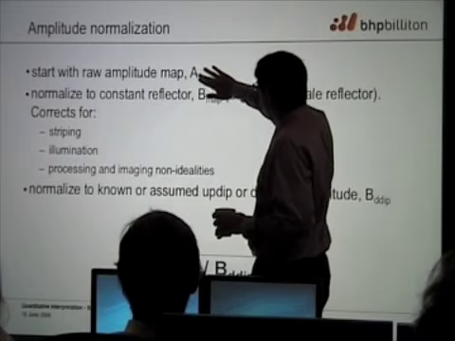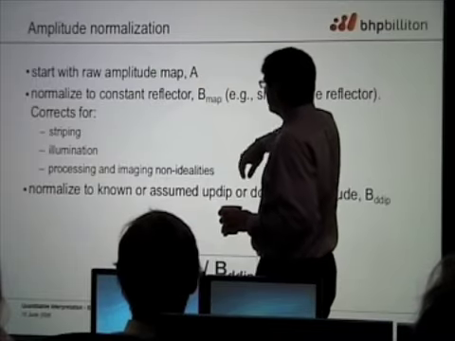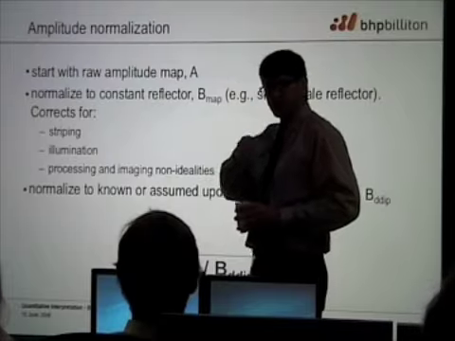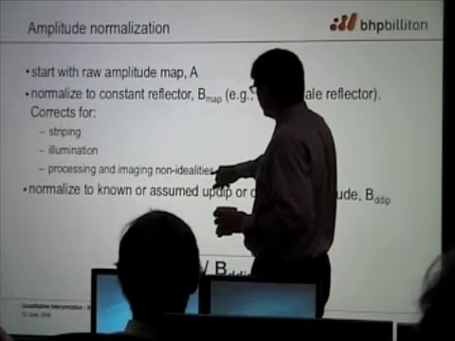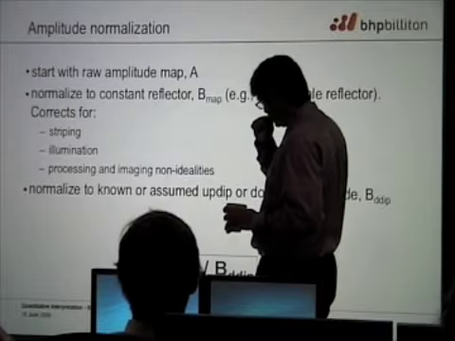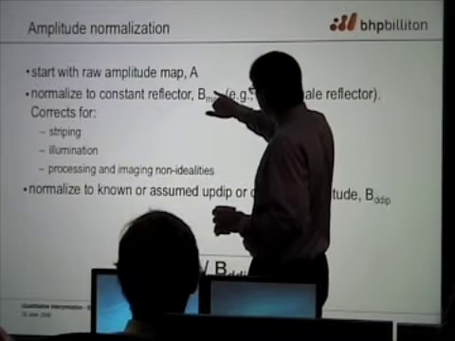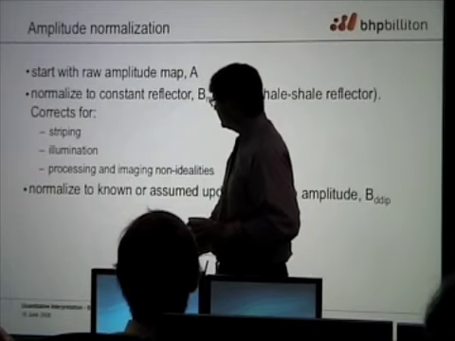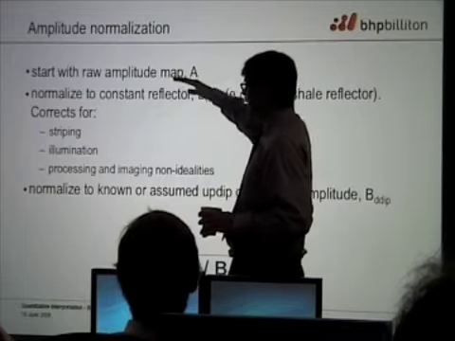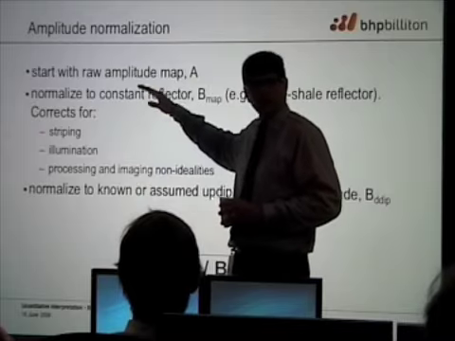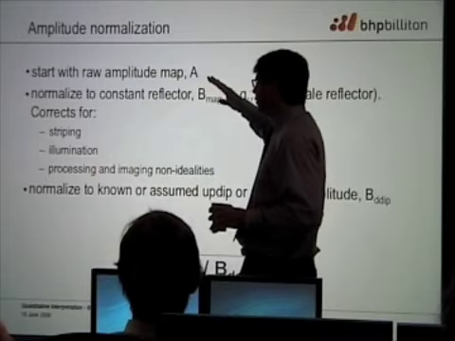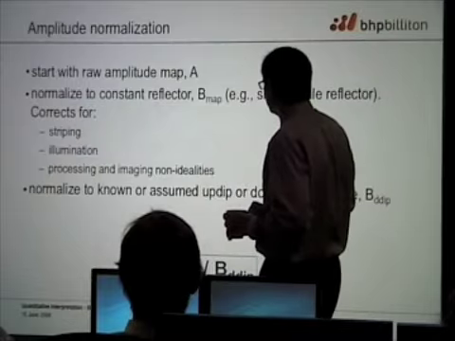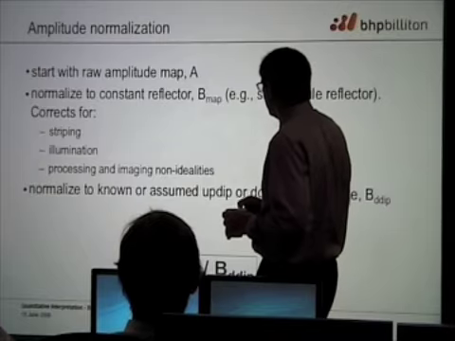If we start with an amplitude A, and we have one of these problems, like some acquisition striping, and if we're lucky enough to have a reference reflector which we think should be constant and is not, we can extract that amplitude map and divide by that amplitude map in order to take out the effect of that striping, or that shallow gas reflector, or that shallow anhydrite or salt that we end up having.